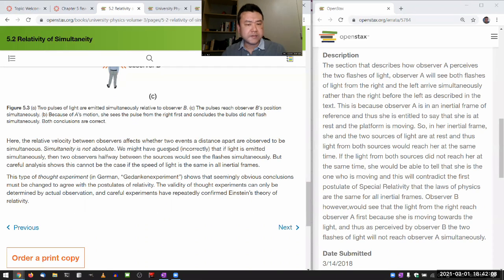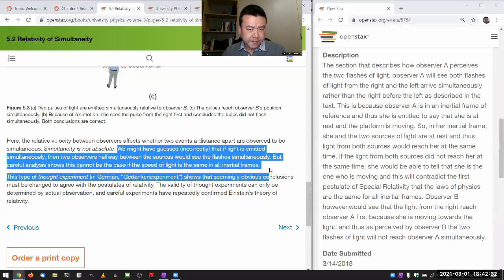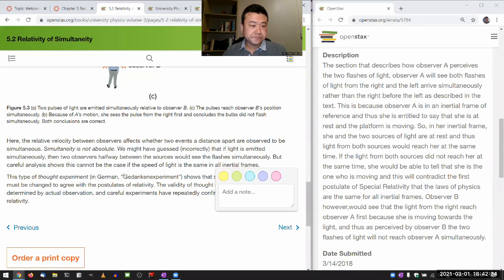We might have guessed incorrectly that if light is emitted simultaneously, then two observers halfway between the sources would see the flash simultaneously. But careful analysis shows that this cannot be the case if the speed of light is the same in all inertial frames. And we might analyze this in more depth in a bit after we go over this.